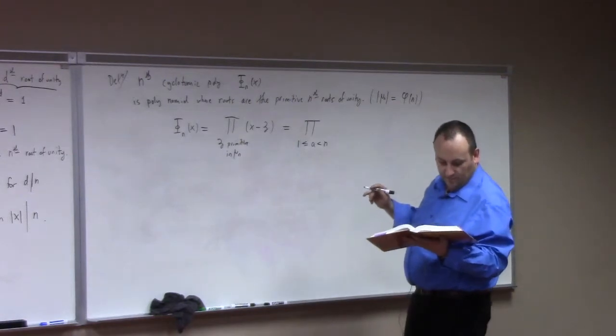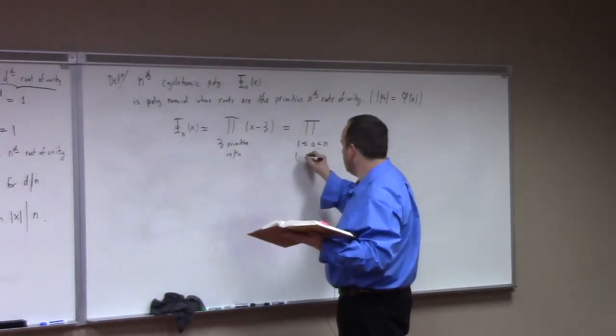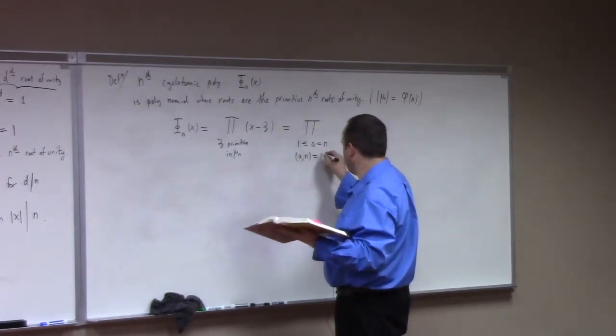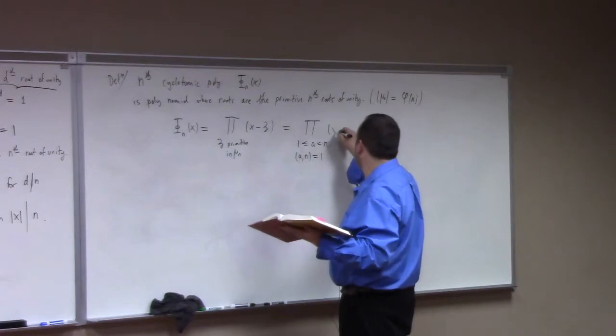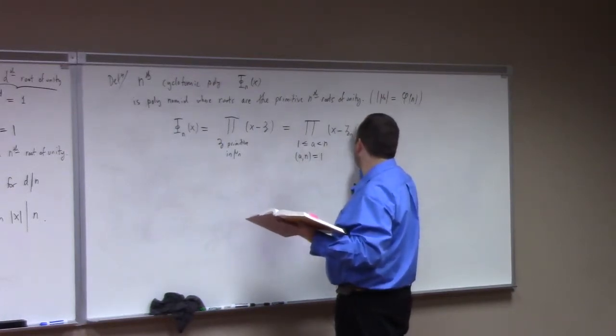So you could also group that as, here's a different way of writing. This is a product notation, guys. It's a product of x minus zeta n to the a.